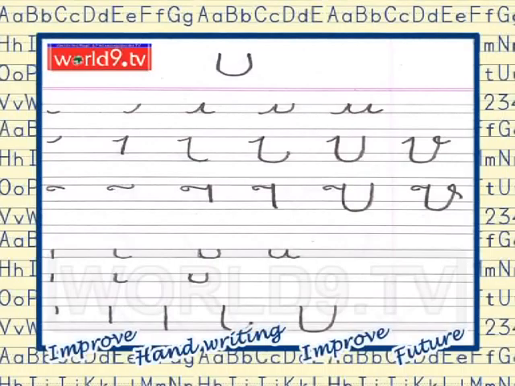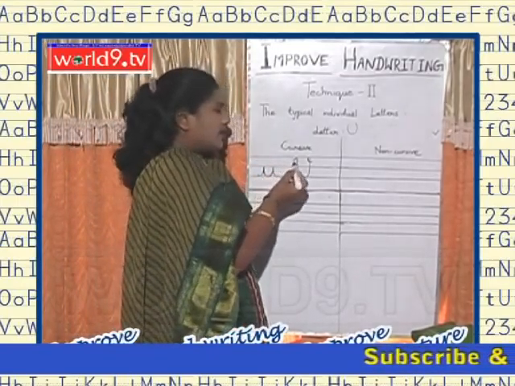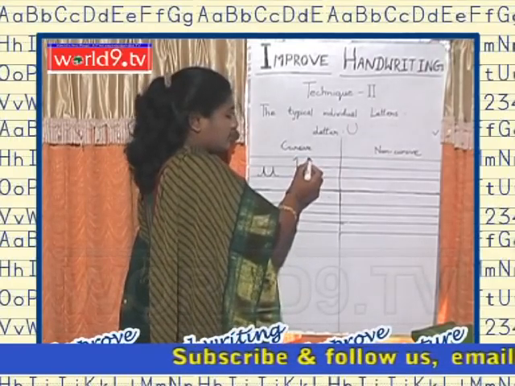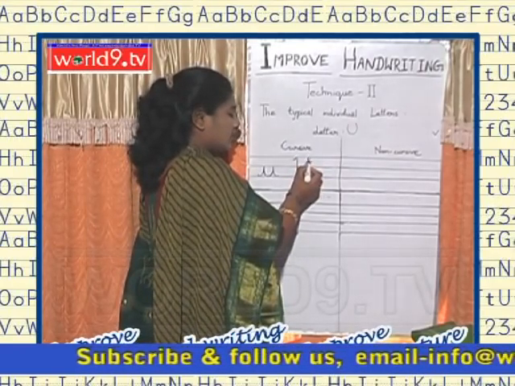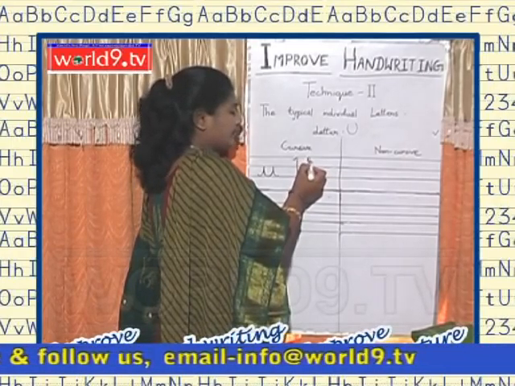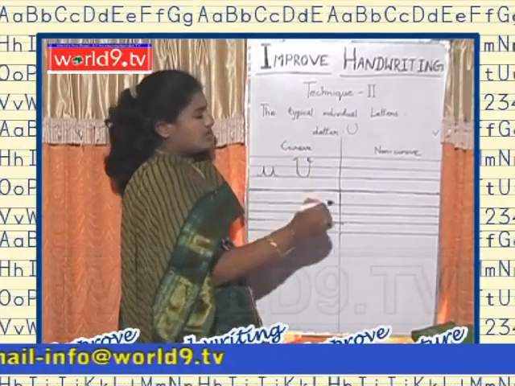For capital U we should give the tail like this. This is the tail for capital U. We should keep a knot. Lastly, for giving the tail, we should give a knot and expand it till outside.